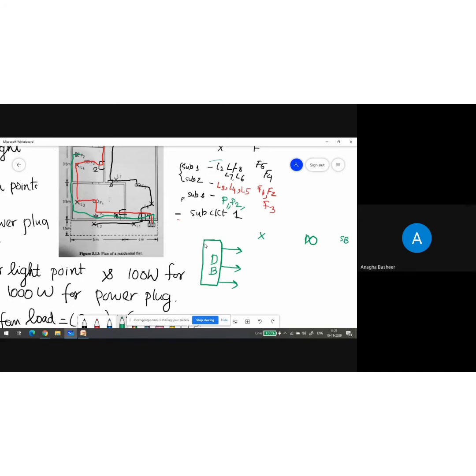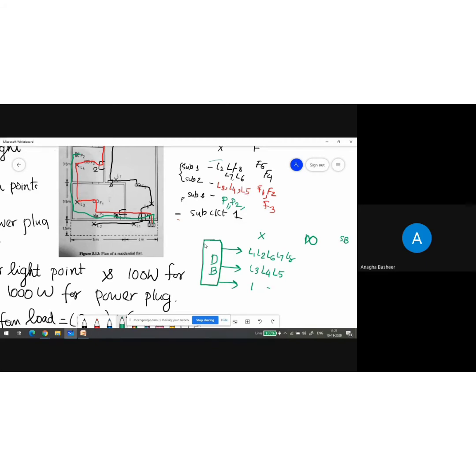That thing also we will represent like this. L1, L2, L6, L7, L8. Here L3, L4, L5.